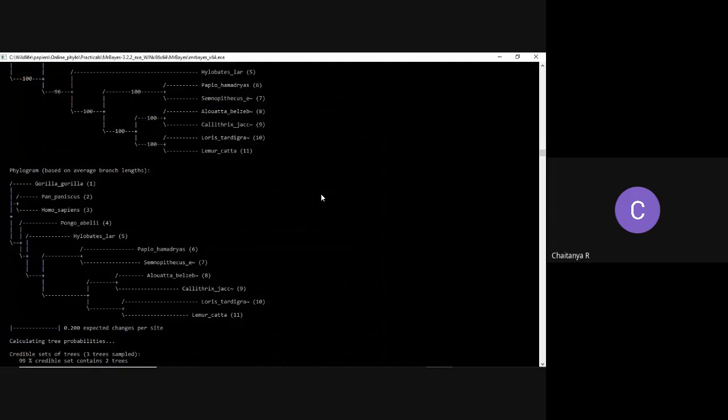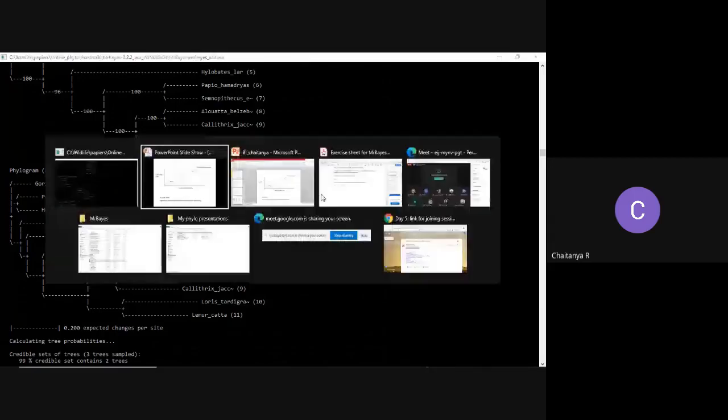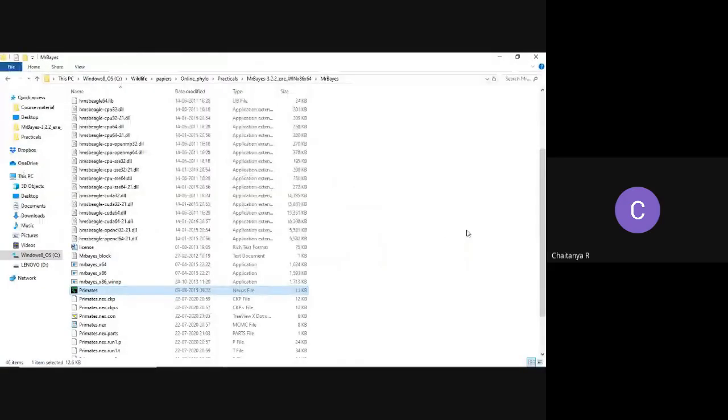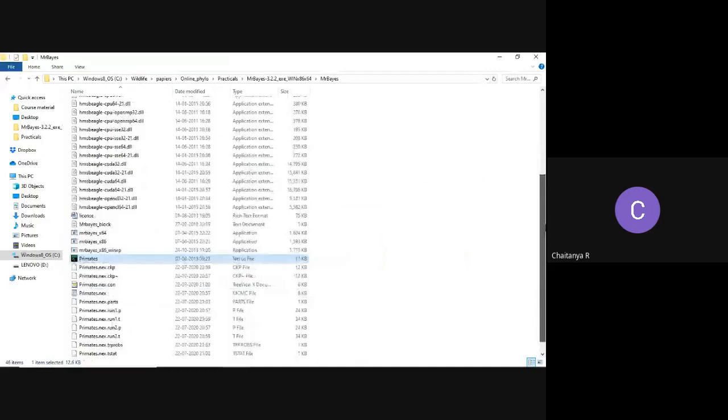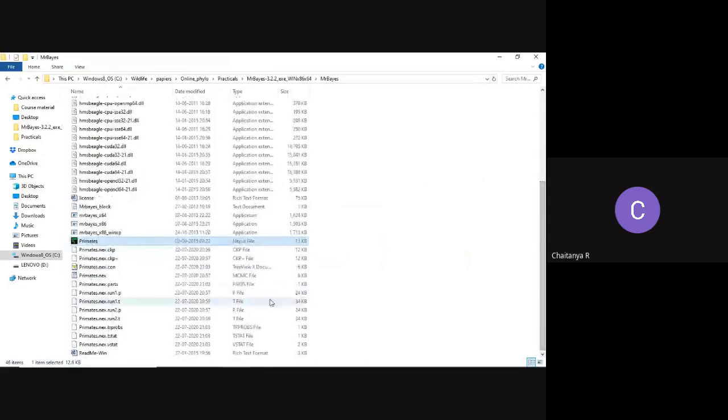Cool. Now, let me show you how to open these trees using FigTree. You go back to your folder from where you ran MrBayes, and you see that it has created a file called primates.nex.con. See this file? That is your consensus tree, and that's a tree file.